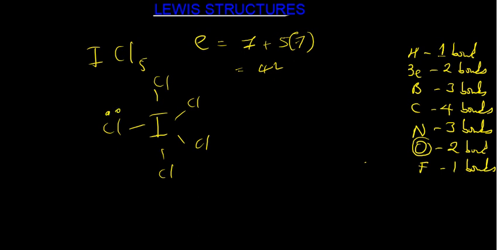To balance the octet, we already have 2 on this bond, so we need 6 more. Always make sure that the octet for the atoms around the central atom is balanced. The central atoms, at times, can be below the octet or have an expanded octet. So this will be the Lewis structure.